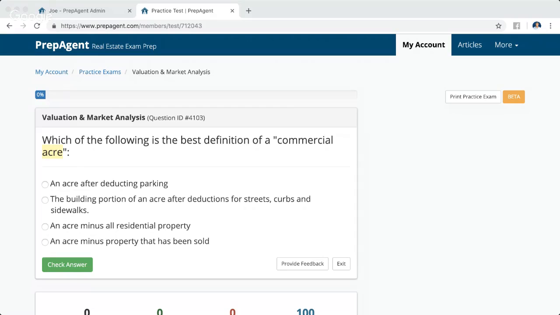What is the annual gross rent multiplier in that scenario? So $500,000 property brings in $3,000 a month rent.